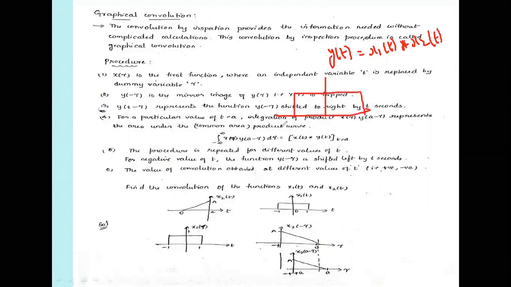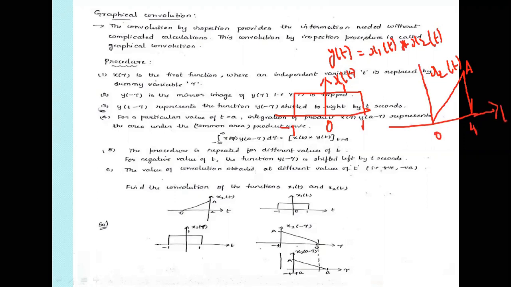X1 of t is from -1 to 1. And x2 of t is a linear function from 0 to 4. The value is a at 4. From 0 to 4, only t is the variable.